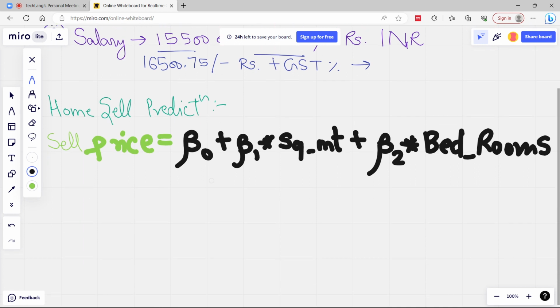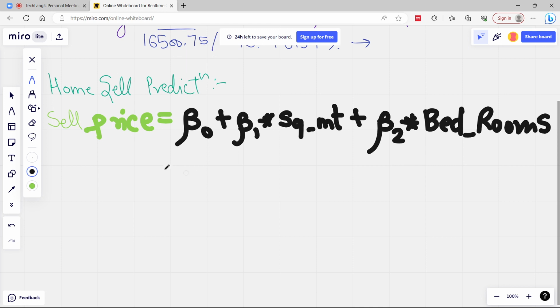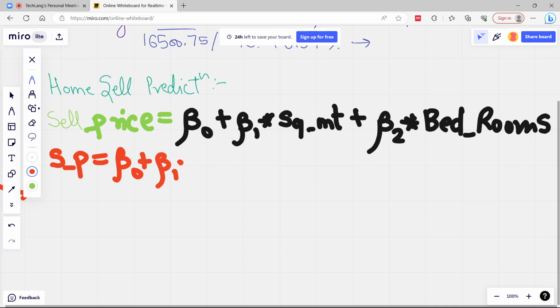Now, what is the sale price of my flat? It depends upon these features. Let's call it sale price, SP. This would be equivalent to beta 0 plus beta 1 into square meter.